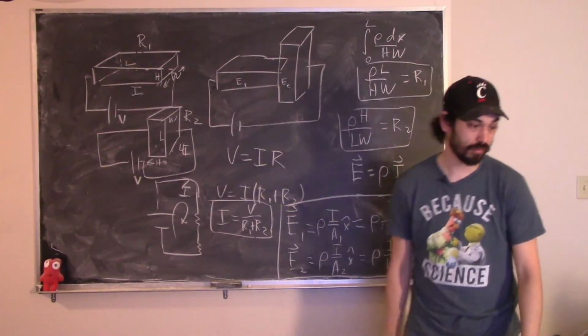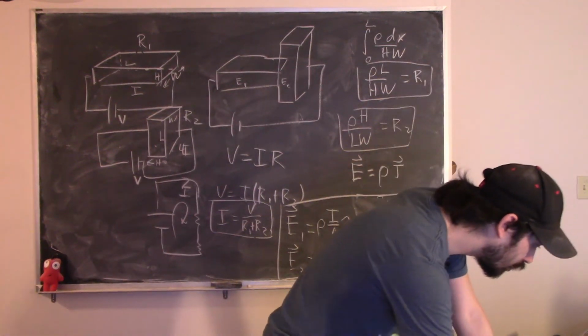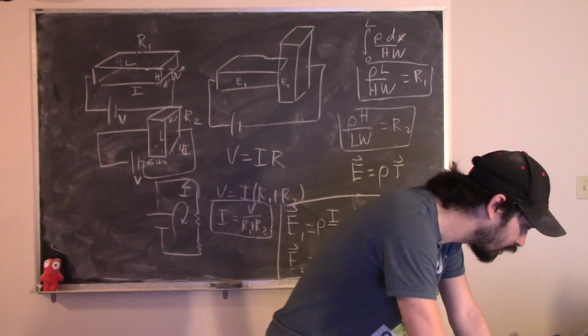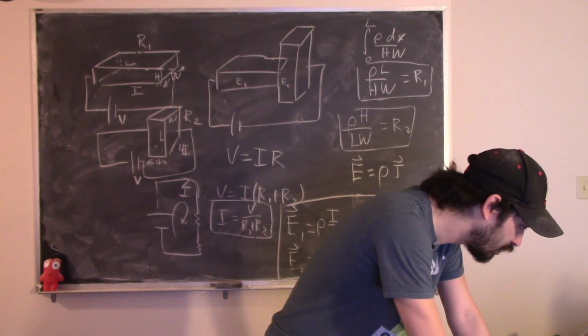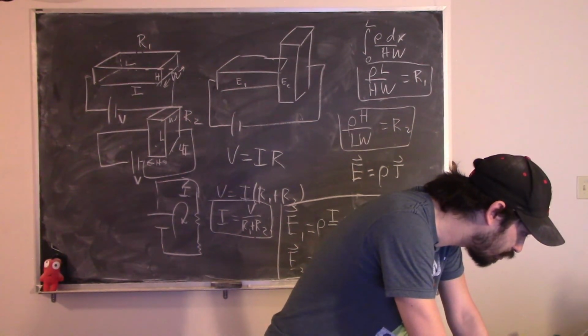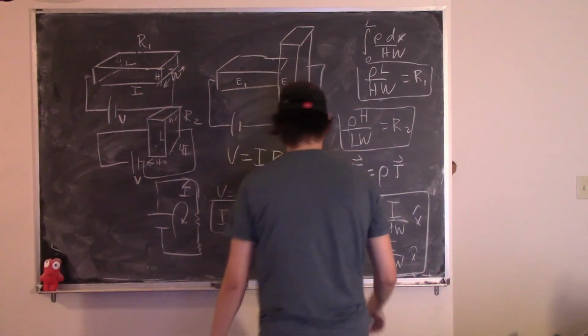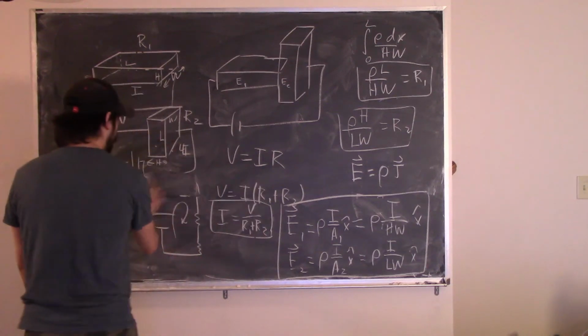Okay? So let's see. What charge would reside on the rectangular surface H by W where the blocks are joined? Oh man, this one really goes and gets it, huh?